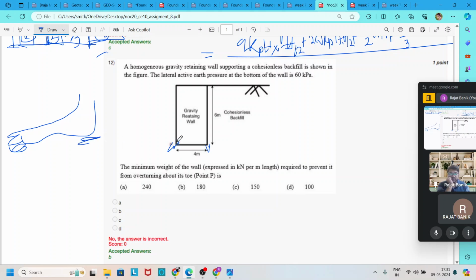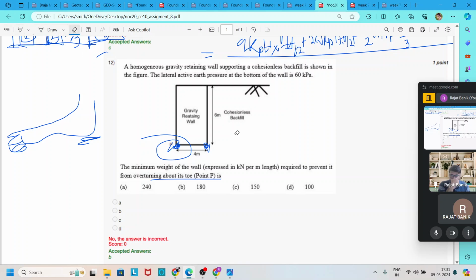So in a retaining wall like this, this is the toe, which is away from the backfill, and towards the backfill, this is the heel. So we have to find the weight of the wall which is required to prevent overturning with respect to this toe.